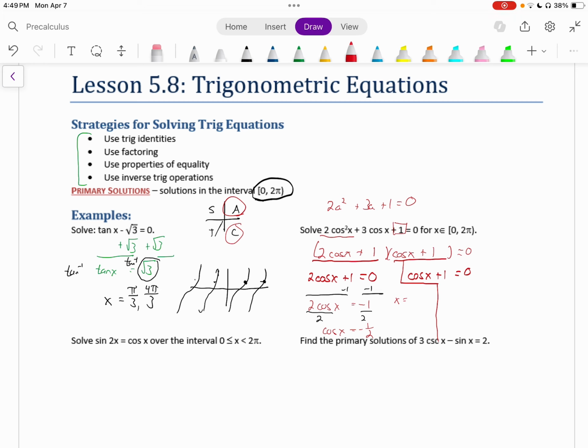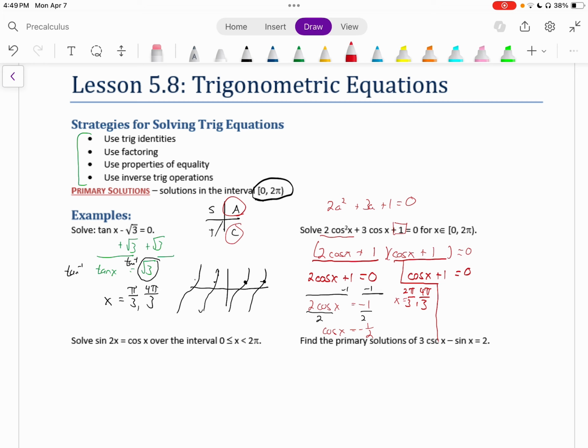So we're going to have two answers. In the second quadrant, it's 2 pi over 3. And then the answer from the third quadrant is 4 pi over 3. And those are our primary solutions.